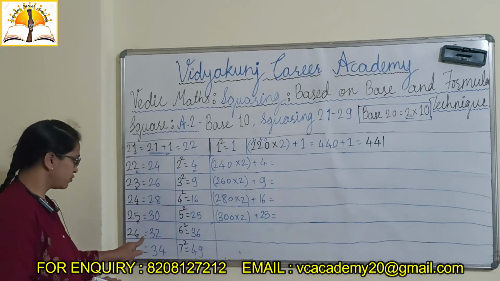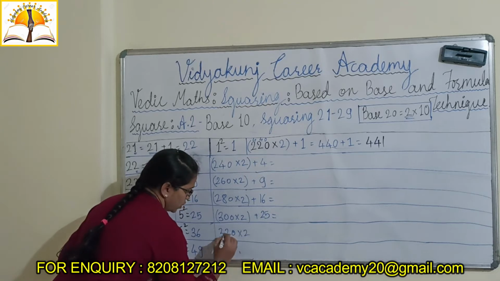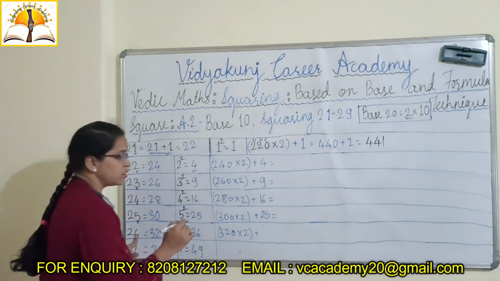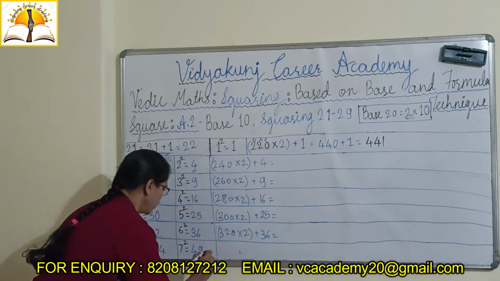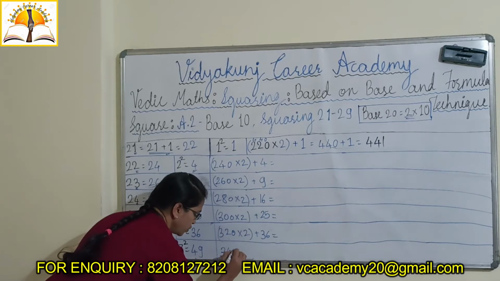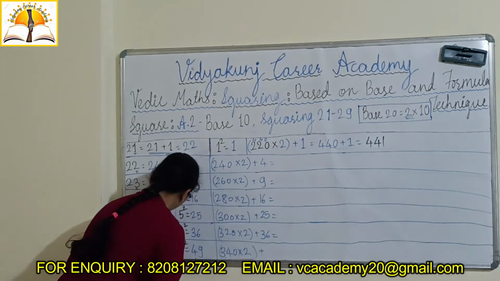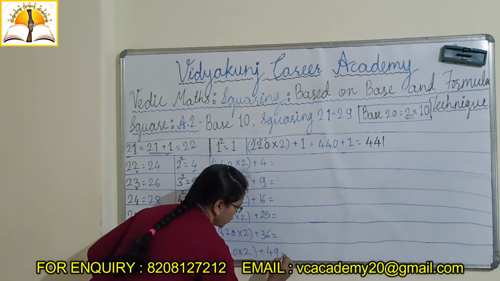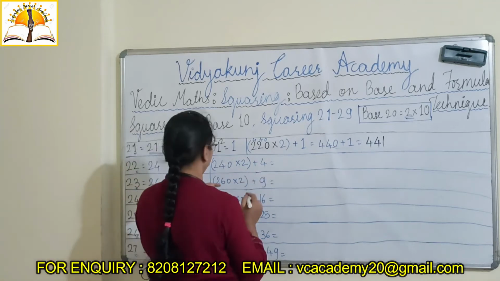Okay, here 32, 0 into 2, plus here 6 is unit place number, 6 square will be 36. Okay, here 34, 0 into 2, plus 7 square will be 49. Yes, understood this much. Now further we have to do the sum.